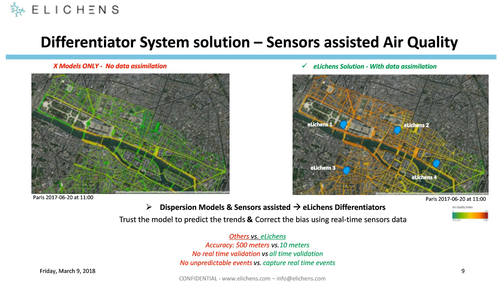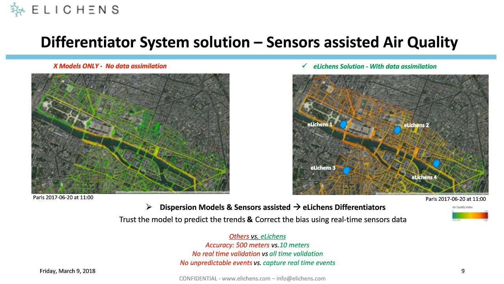So if there is a fire, an accident, or congestion, all those unpredictable events are going to be captured, and you get a very high accuracy and live air quality station output that allows you to get the adequate and correct pollution output for this area.